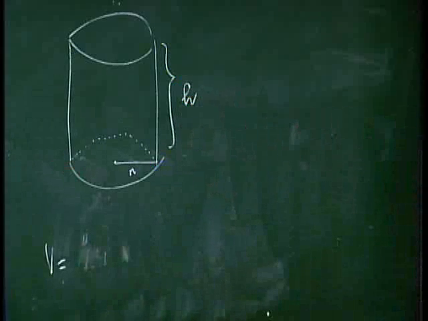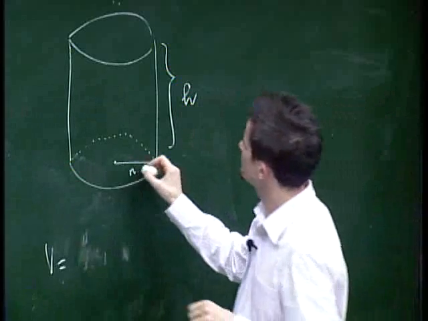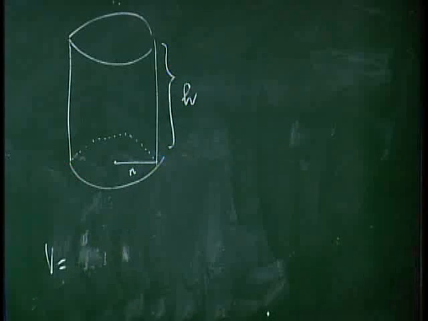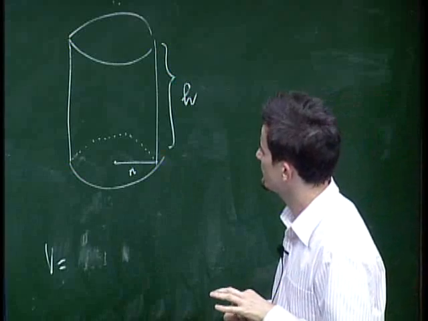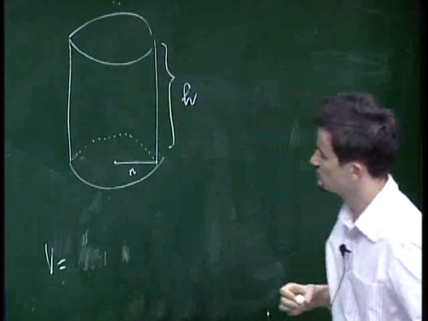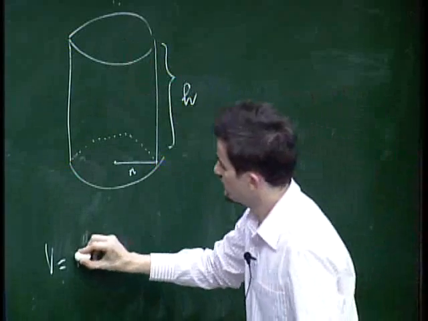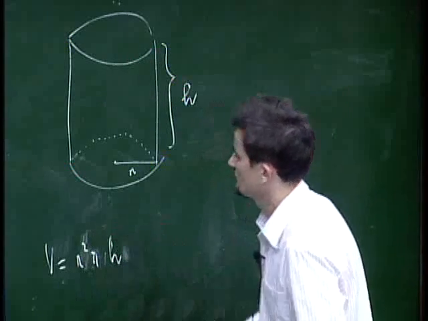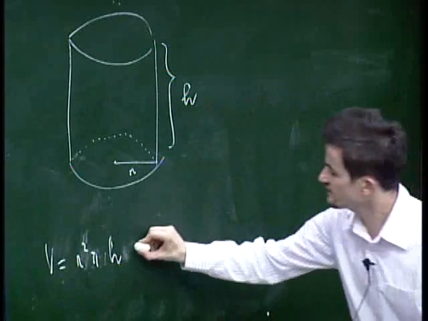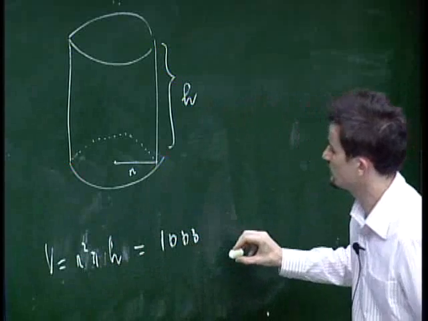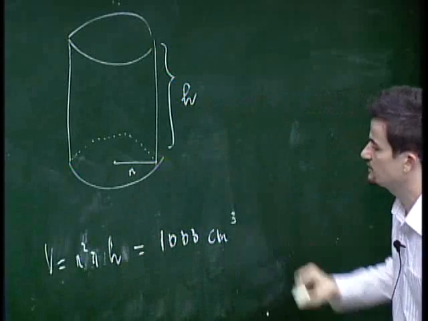I'm not sure whether this can has a lid, because I remember in previous years I have done the same exercise but without a lid. So it actually has a lid. The volume is something which is given, so this is 1,000 cubic centimeters.